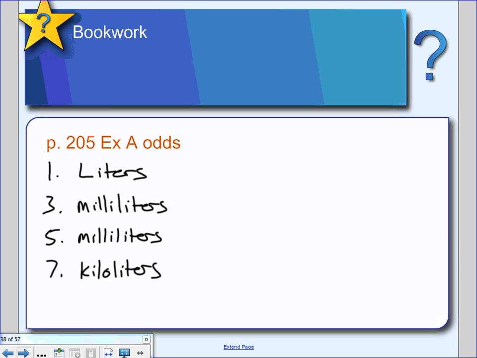Okay, what you're going to do now is go ahead and do the rest of the odds. That would be number 9, number 11, number 13, number 15, number 17, and number 19. Go ahead and write in your answers for those.